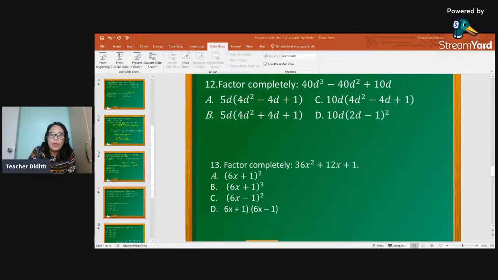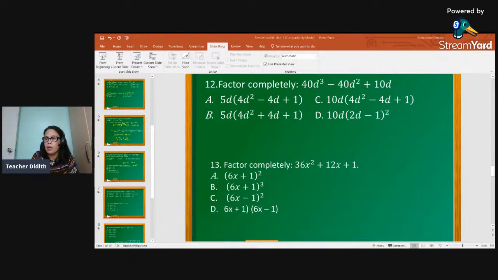So this is not a perfect square trinomial, so you have to work on the GCF. And the GCF is 10D. So if the GCF is 10D, the other factor is obtained by dividing all of these terms by the GCF 10D. So when we divide 40D cubed, so it's either C or D, no? Kasi yung one of the factors is 10D. Tama? Okay. But this is more likely the answer.